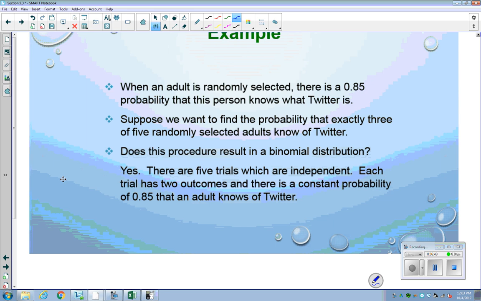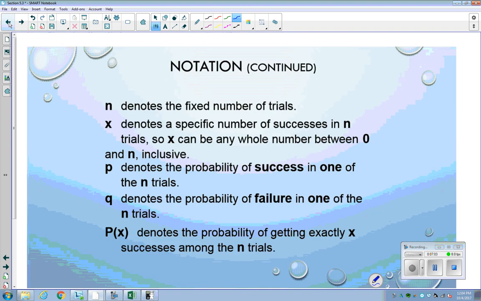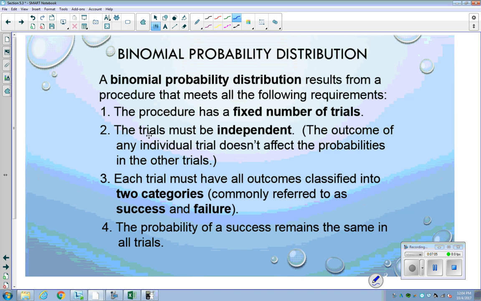Can you confirm, does this procedure result in a binomial distribution? You said yes to that? Okay, what are the requirements? Those 4. They will have a fixed number of trials. Am I saying how many times I'm going to check, pull people out? 5, right?